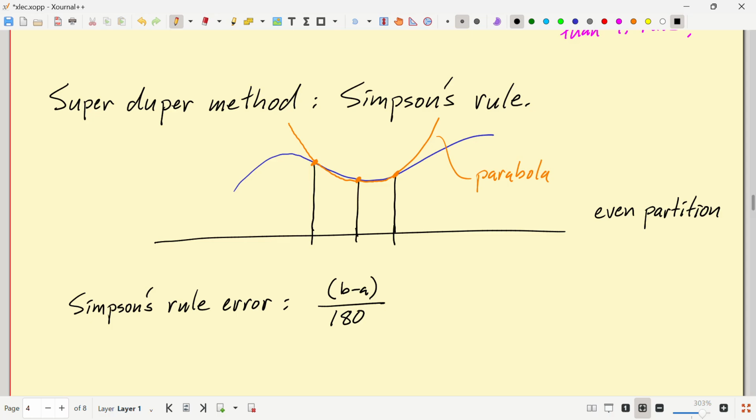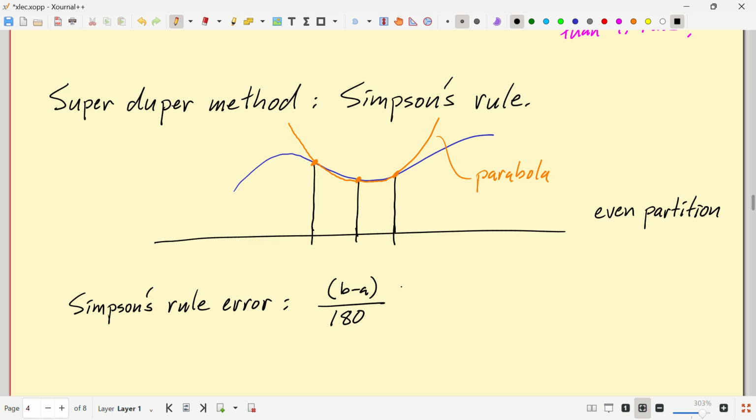What's HN? I think HN is, yeah, that's what I thought it was, sorry.